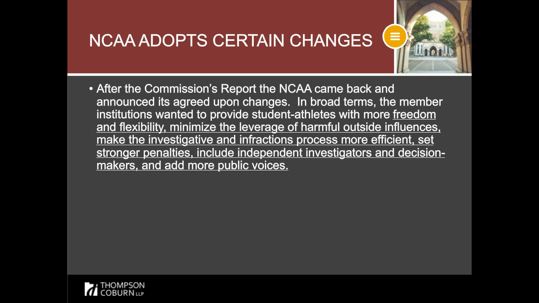In broad terms, the member institutions wanted to provide, and I underline this for emphasis, freedom and flexibility, minimize the leverage of harmful outside influences, make the investigative and infraction process more efficient, set stronger penalties, include independent investigators and decision makers, and add more public voices. So the NCAA bought into a lot of the Commission's recommendations.